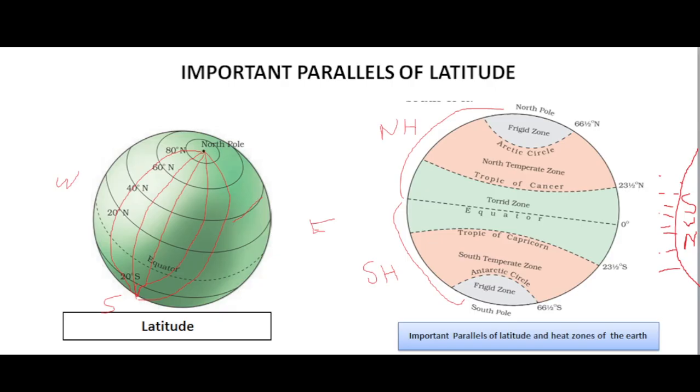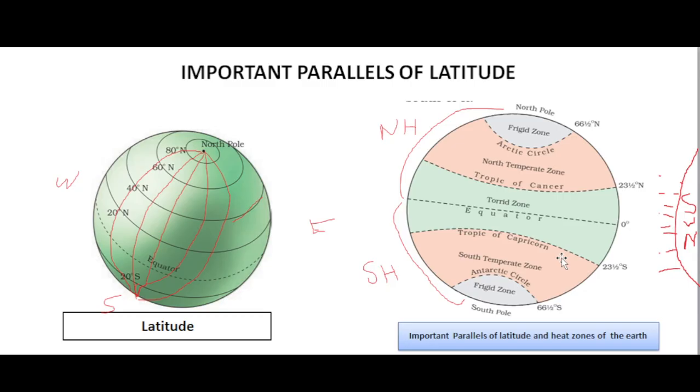Then, heat zones of the earth. The midday sun is exactly overhead at least once a year on all latitudes in between the Tropic of Cancer and the Tropic of Capricorn. You can see there is the Tropic of Cancer and the Tropic of Capricorn.